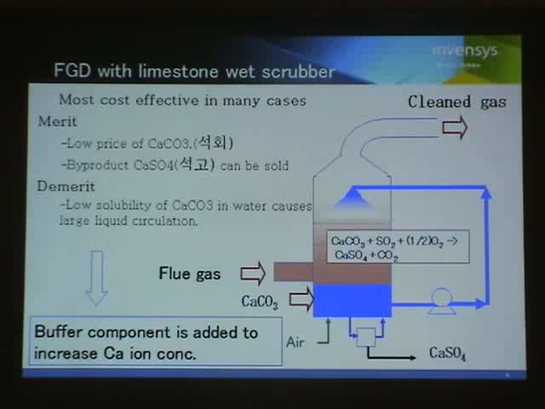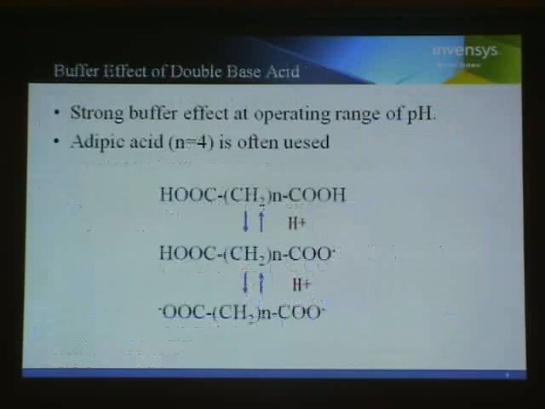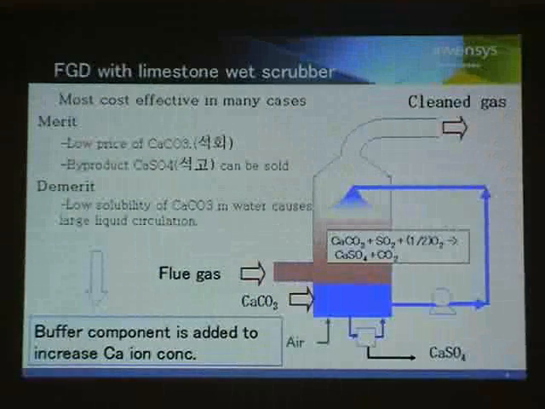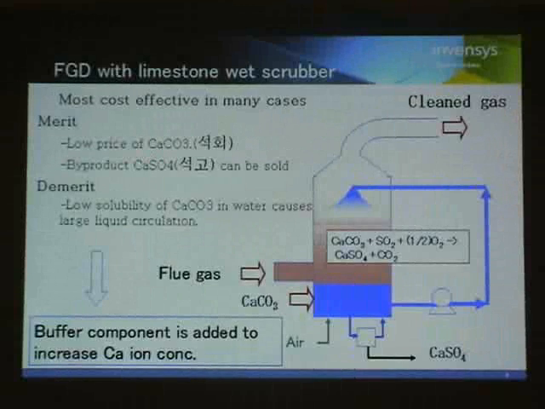The most cost-effective flue gas desulfurization method is, in many cases, the limestone wet scrubber. A merit of this system is the low price of the feedstock, limestone. And we can sell the byproduct, gypsum, to the market. So we can make money with this system.